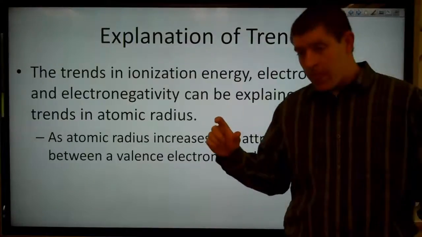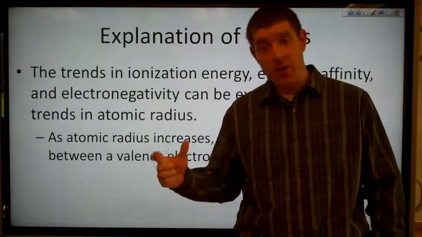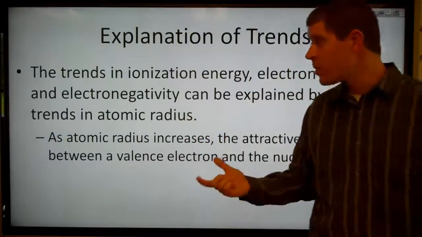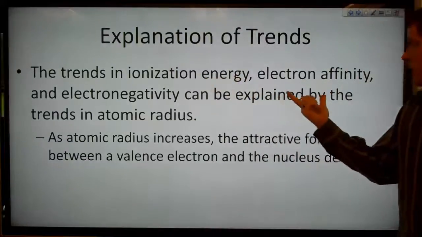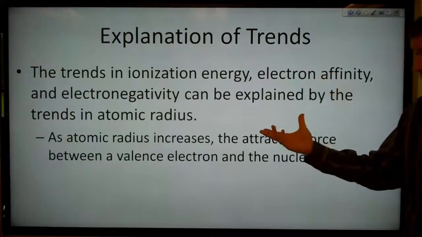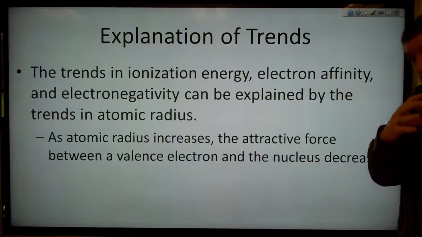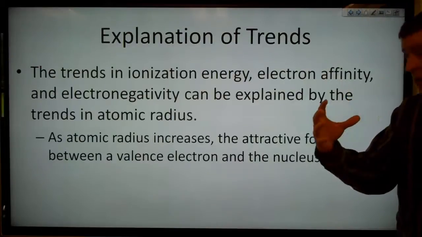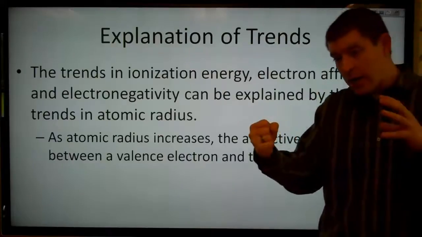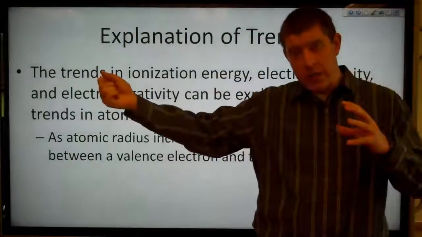Now, given the way the atomic radius is changing, we should be able to explain the other trends. So, the ionization energy, electron affinity, and electronegativity can be explained by our trends in atomic radius. As the atomic radius increases, the electrons are getting farther from the nucleus, that attractive force is decreasing, which means that for our ionization energy, we're always removing the outermost electron, because that's the electron that's easiest to remove.